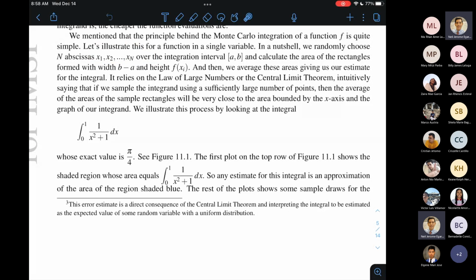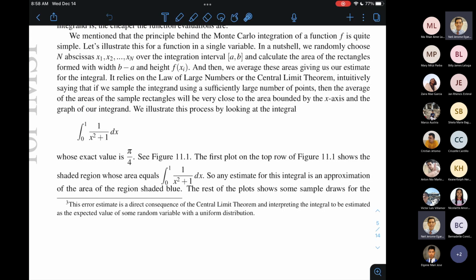Alright? Pipili na ako ng capital N. So, in this simple example that I have in the slides, I chose n to be equal to 5. Right? Pumili ako ng 5 abscissas in random. Alright? So, I chose 5 random numbers that are uniformly distributed within my integration interval.